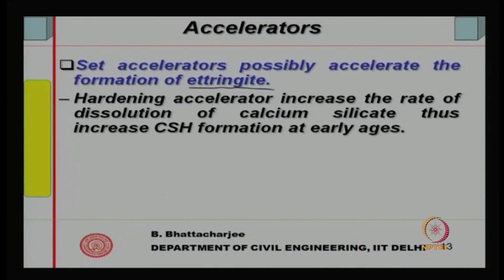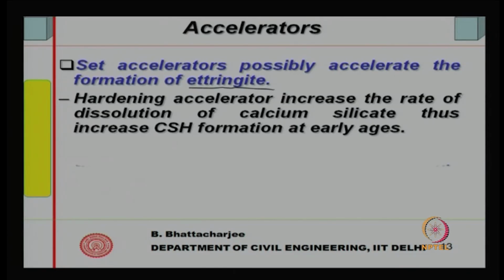Hardening accelerator increases the rate of dissolution of calcium silicate and therefore increases C-S-H formation at early age, all right. Calcium silicate can react faster and thus early C-S-H formation can take place.